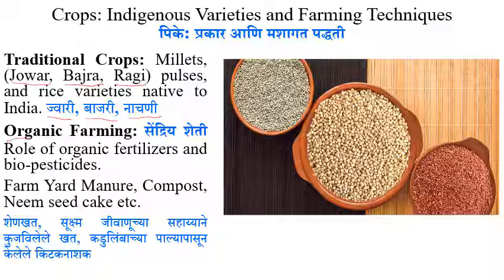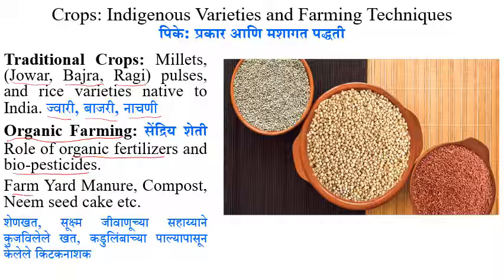Organic farming is also an important practice started right from ancient Indian agriculture. Organic farming nowadays has become a fashion, but this is not new. This is ancient Indian knowledge. The use of organic fertilizers and biopesticides has been in practice since ancient times.